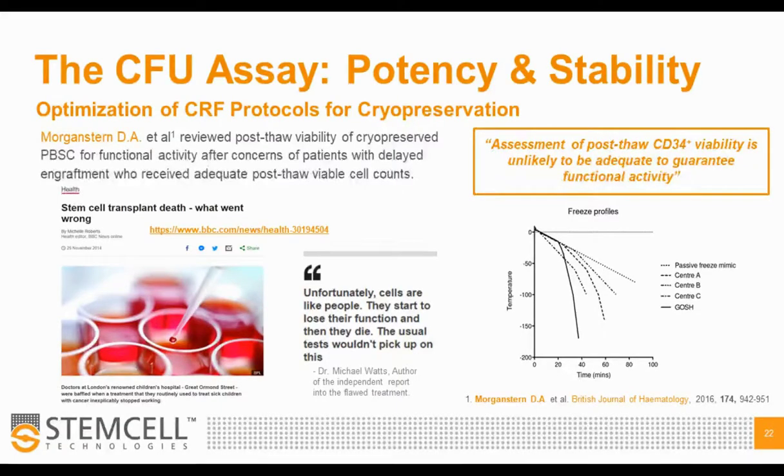At the Gosh Hospital, the temperature dropped very quickly, in a non-optimal way. When you're doing freezing programs for hematopoietic stem cells, you really want to freeze them at a degree per minute, and that has to be maintained until at least past minus 50 degrees, otherwise that can really affect the functional output of the cells.